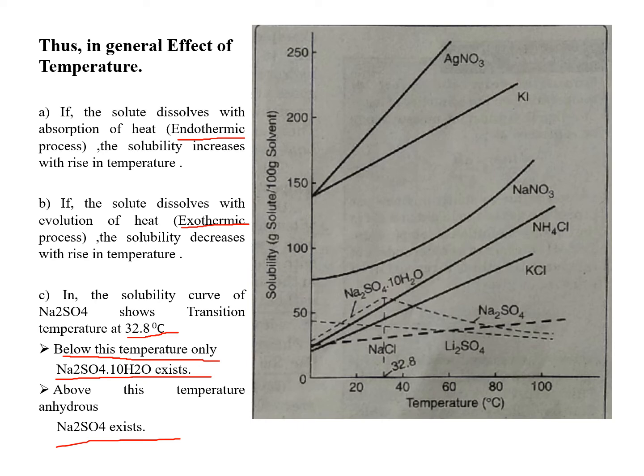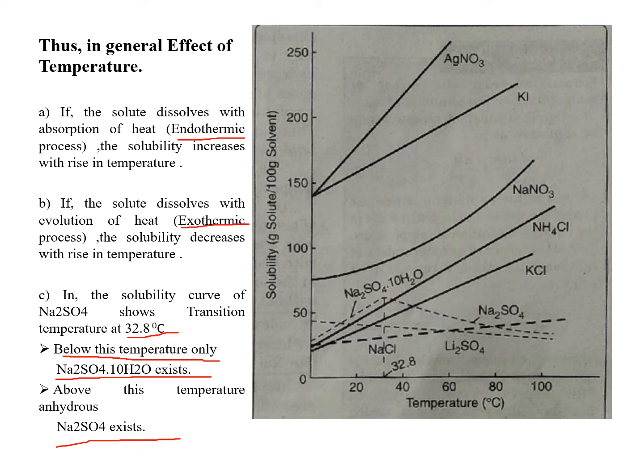This can be shown by three types of effect. One, when the process of dissolution of the solute is endothermic, meaning absorption of heat, then the solubility of the solid increases on increasing the temperature.